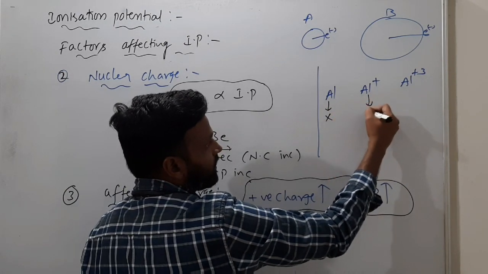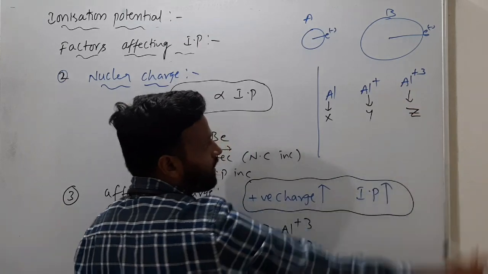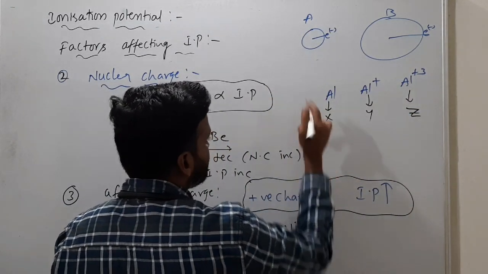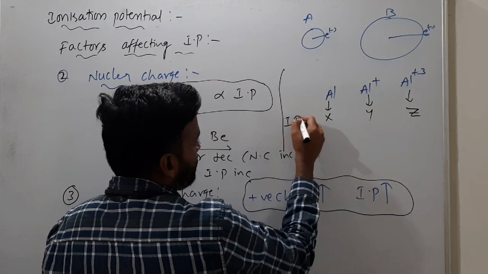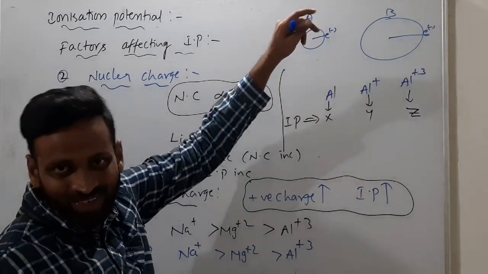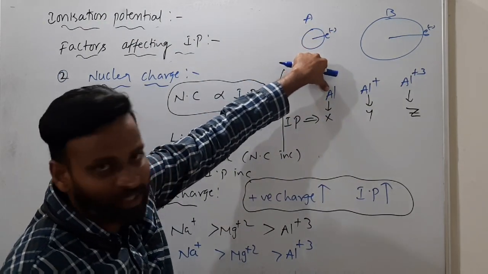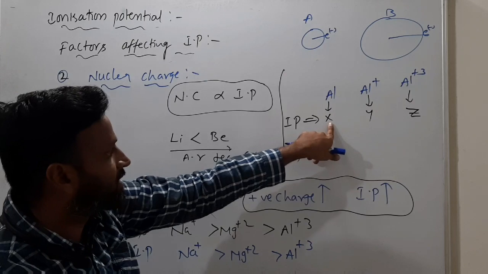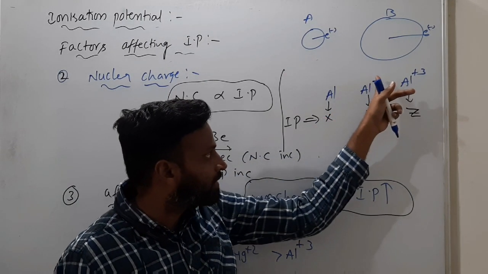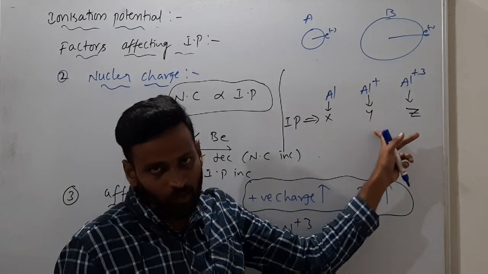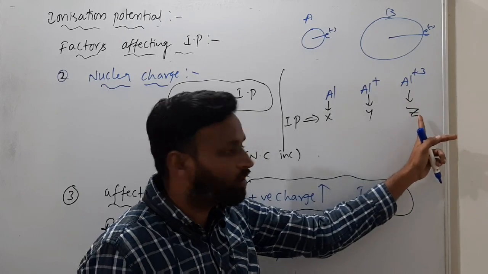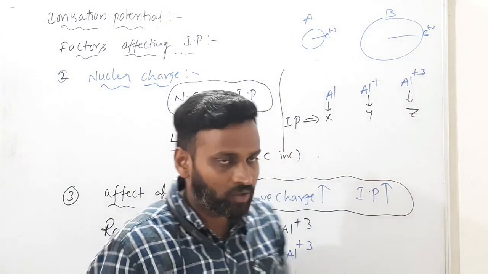Here X, Y and Z are the ionization potentials. To remove an electron from aluminum, X energy is required. From Al+, Y energy is required. From Al3+, Z energy is required. My question: which is big?